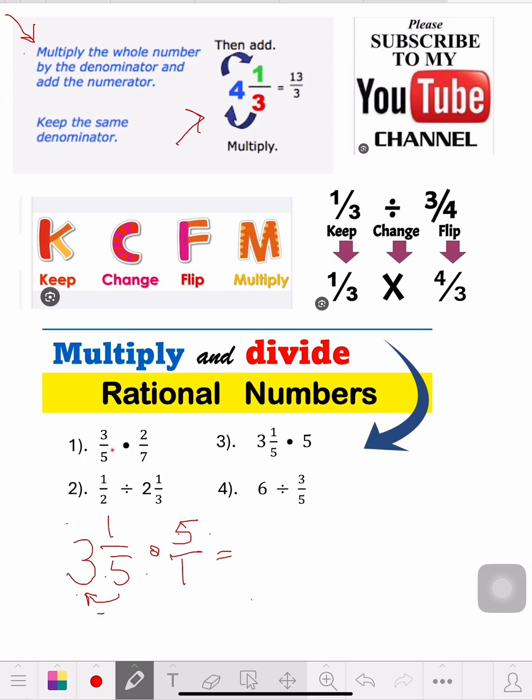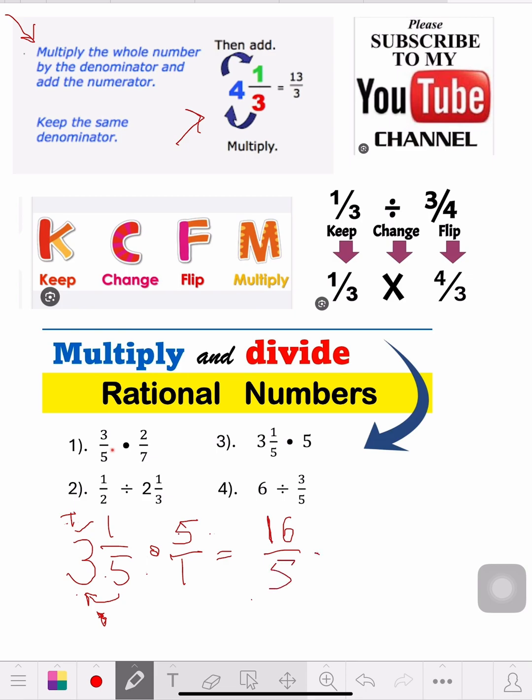I'm going to just do a dot for times. I like that better than an X, only because later on in algebra, you're going to use X all the time. Now we add this one. So we get 3 times 5 is 15 plus 1 is 16. So we get 16 over 5. The denominator stays the same.